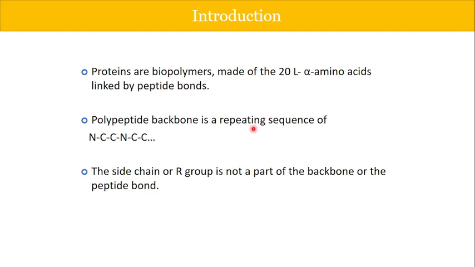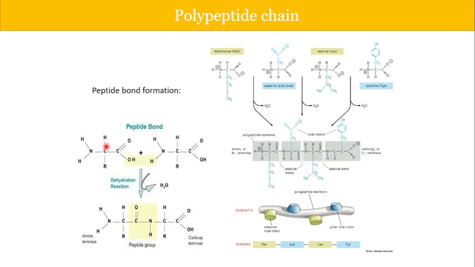Now, the side chain or the R group is not part of the backbone or the peptide bond. The backbone structure is formed by these three atoms for each amino acid, and these three atoms repeat to form the backbone of your protein, whereas your side chain is not involved in the backbone formation.